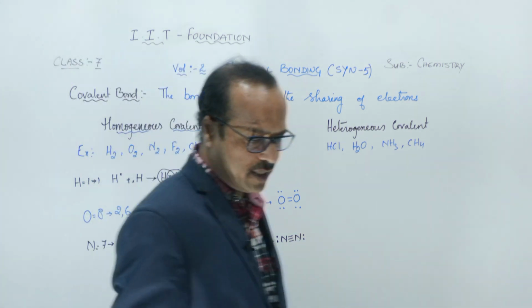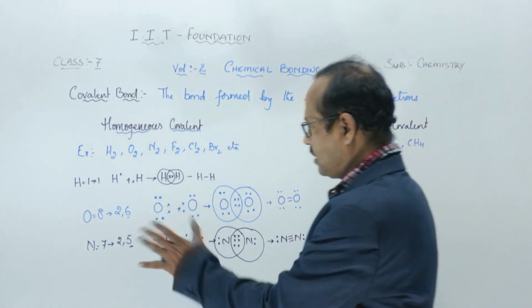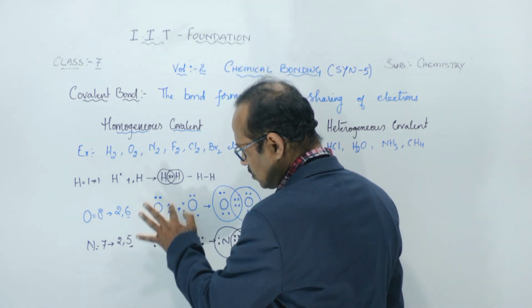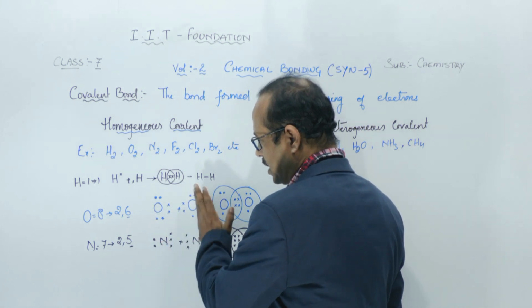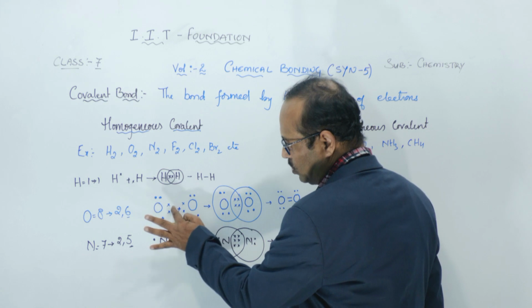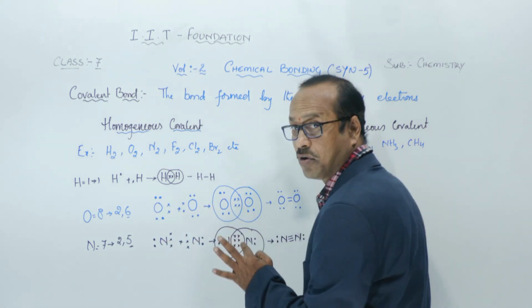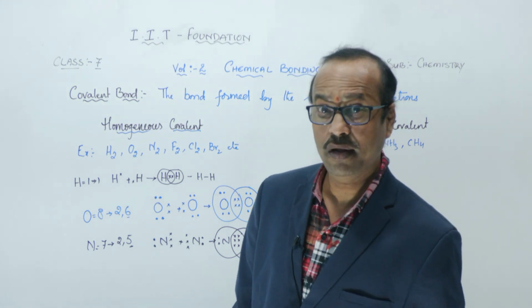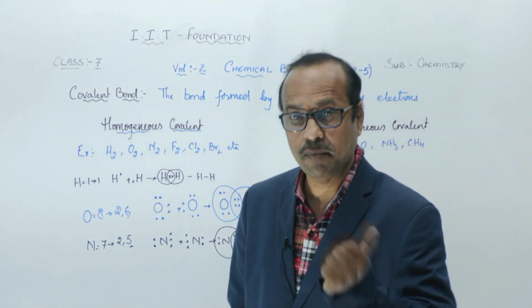And one more important thing here. Students, for example, here in oxygen, the total number of electrons, how many are there? 6 are there, and here also 6 are there. But these 2 pairs only participate in the bond formation. So these pairs of electrons are called bond pairs. What are they called? Bond pairs, which participate in the bond formation.